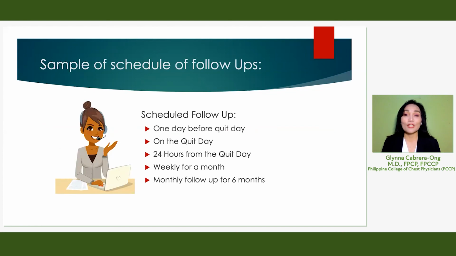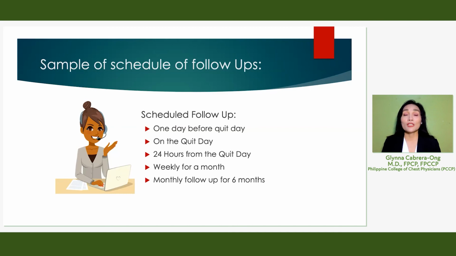So this is a sample of a schedule of follow-ups that we could actually do. So we can call or talk to the patient 1 day before the quit day so that we could at least coach that person or inspire or encourage that person to really push through with the quit day.